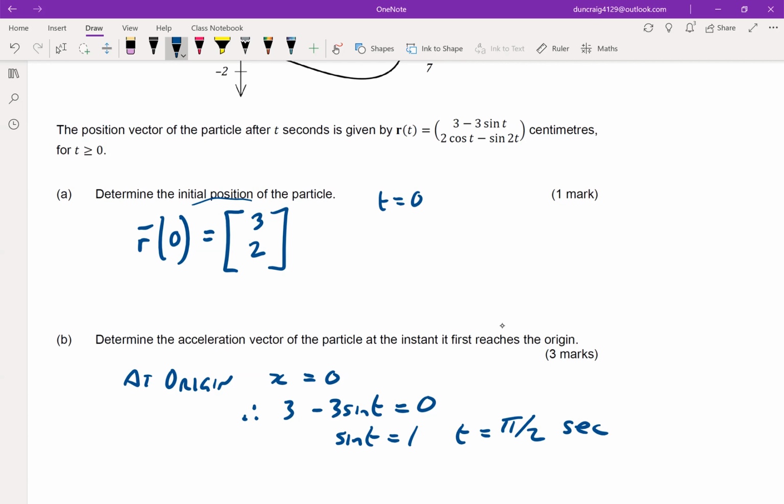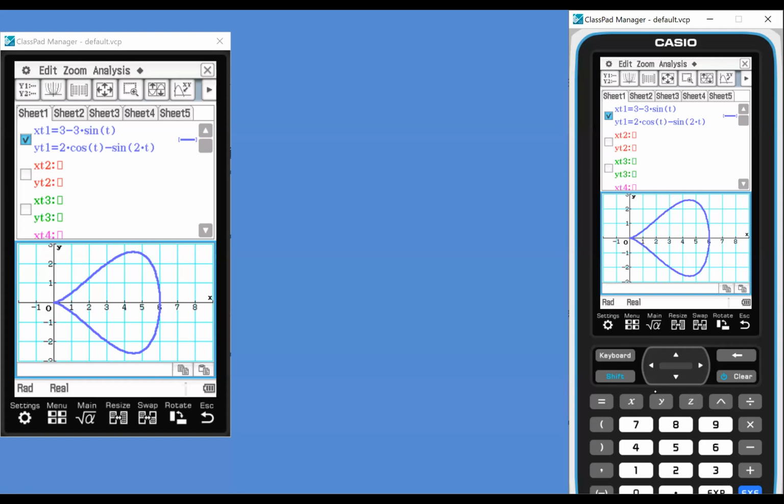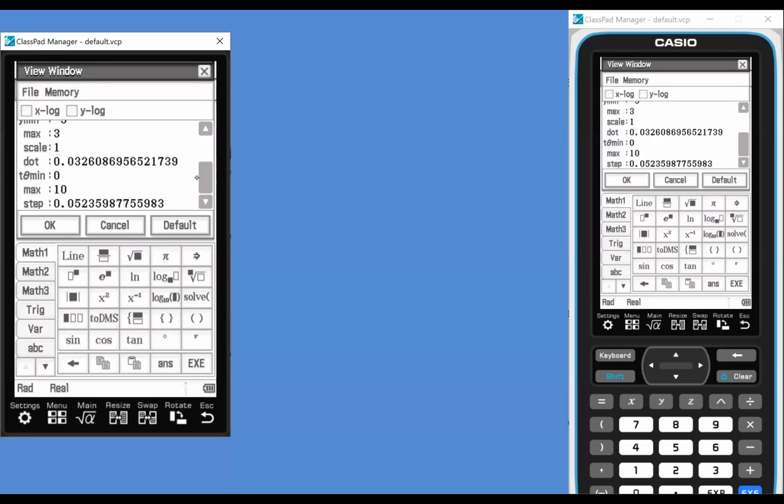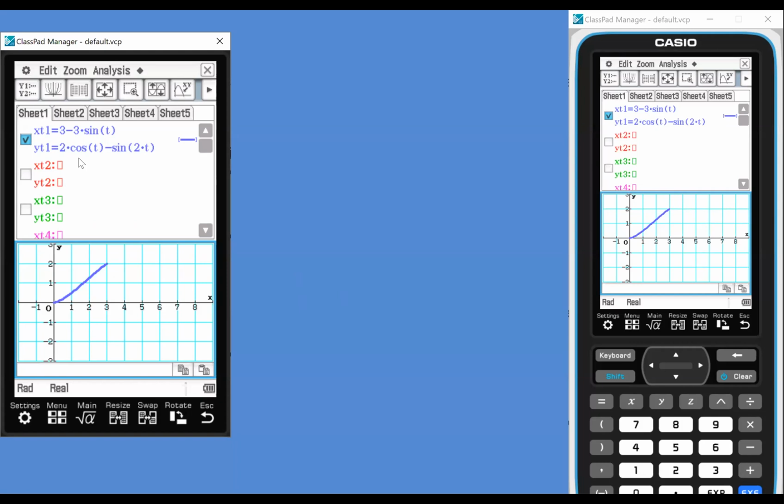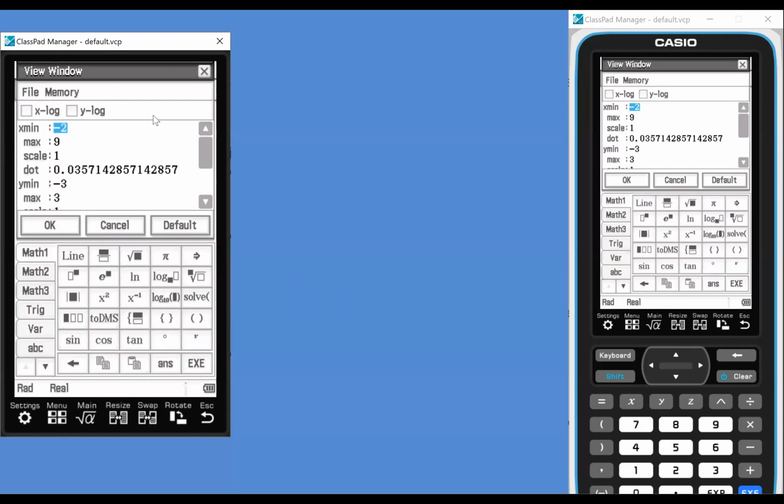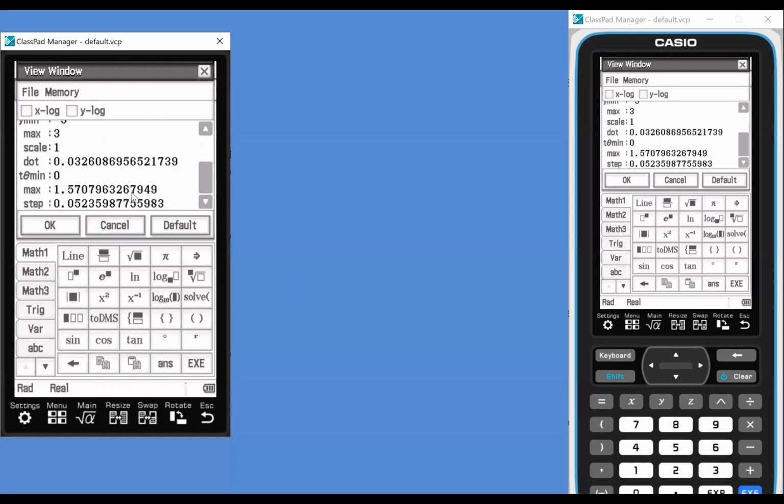So we're going to go back to the ClassPad here. If I go in and change it to go up to pi on 2, so I'm going to put in pi divided by 2, let's see what it does. Maybe I made an error here.